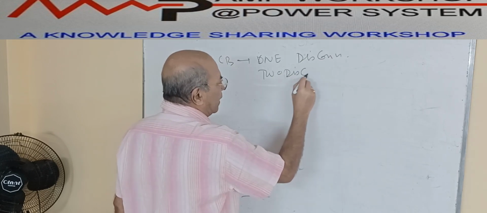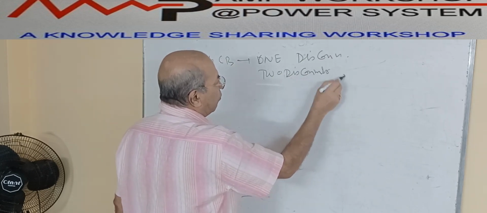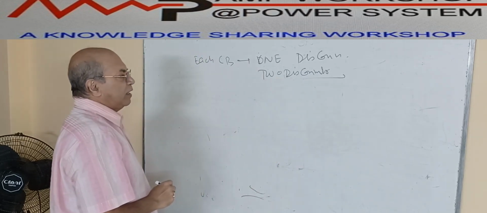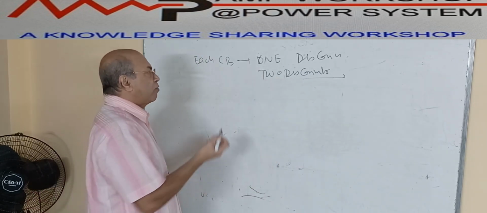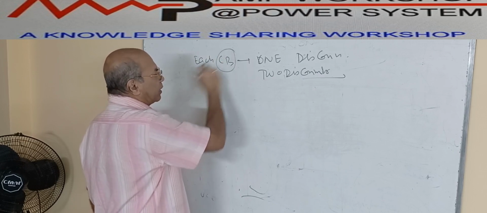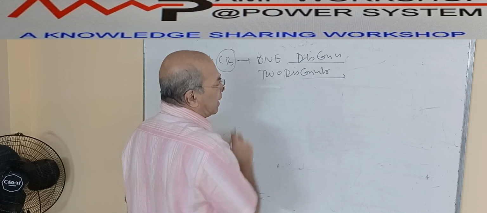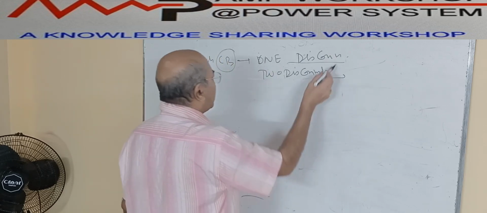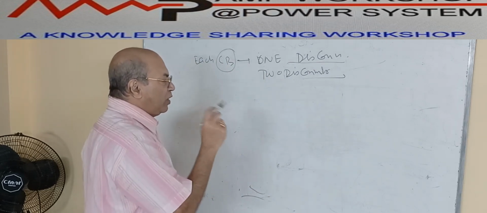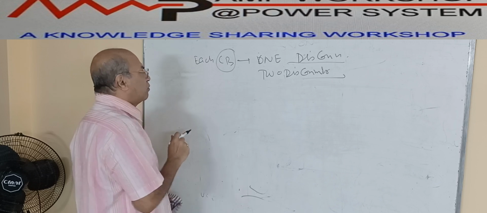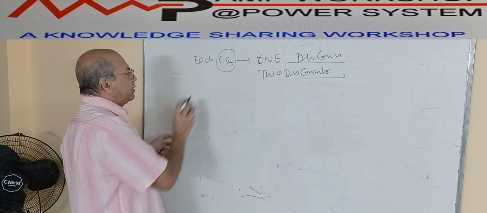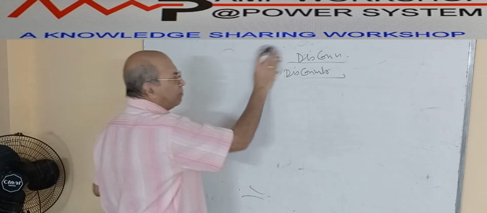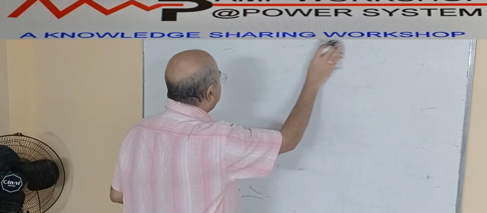These two disconnector conditions we have to monitor while closing or opening the circuit breaker, or whatever work we want to do with the circuit breaker. The disconnector status, whether it is closed, open, or in the earth position, has to be monitored. And that monitoring is an integral part of the control schematic. So this is the first part.